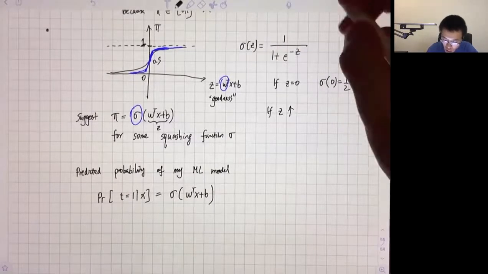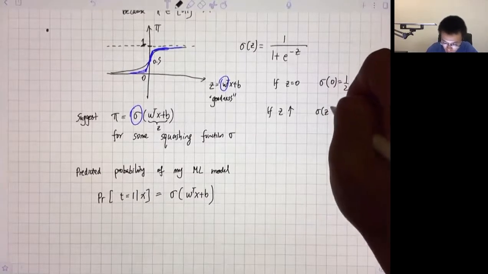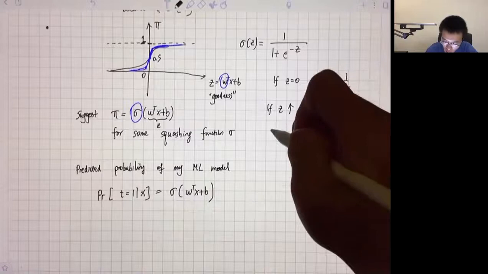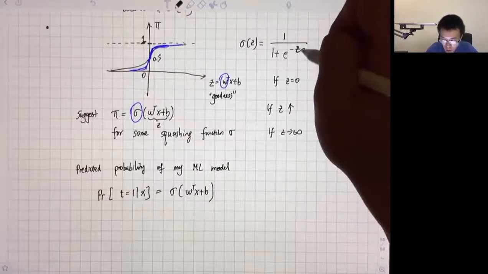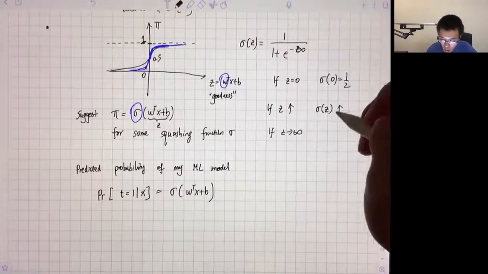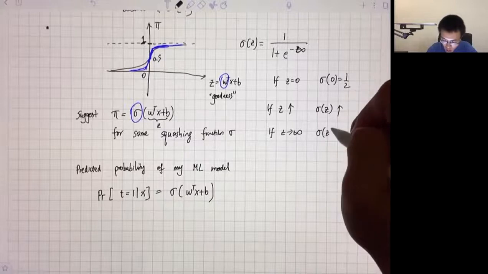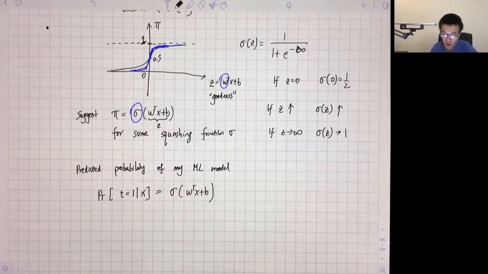And also, if Z goes to infinity, then e to the power of minus infinity is 0, then 1 divided by 1 is 1, okay?